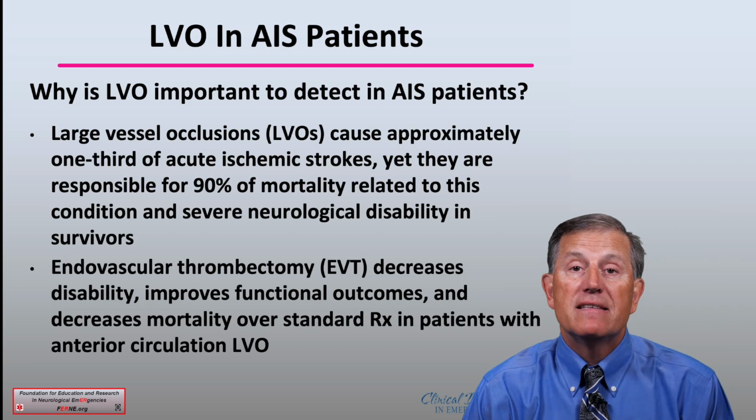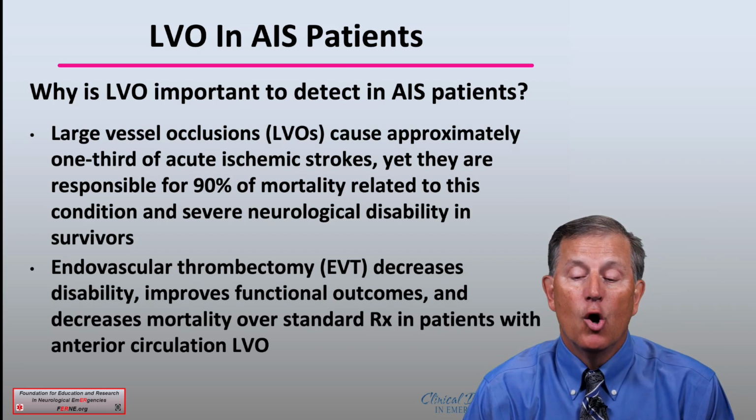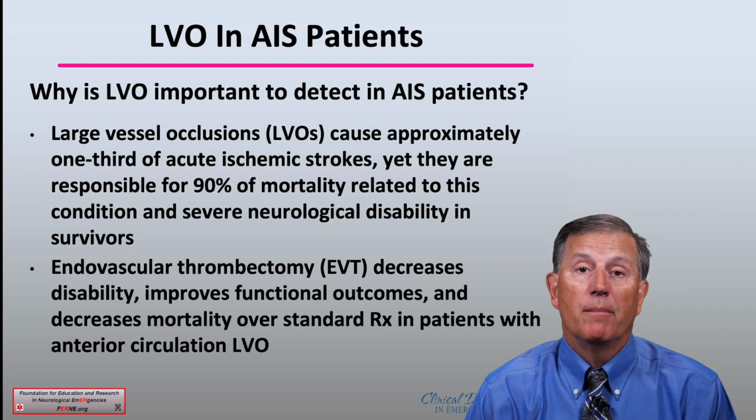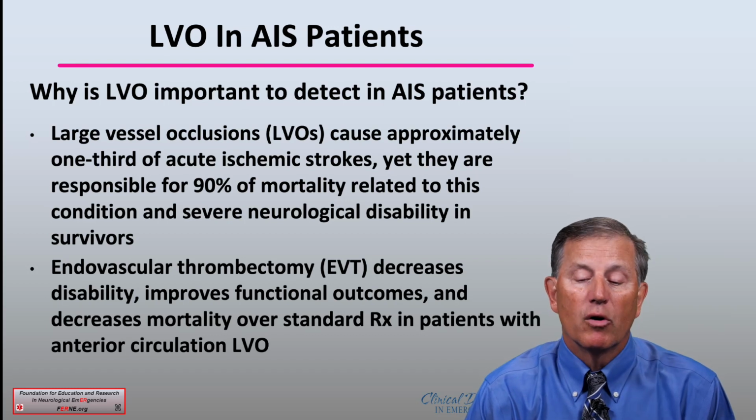Yet, these LVOs are responsible for 90% of the mortality related to this condition and the severe neurological disability in acute ischemic stroke survivors. In other words, the LVOs are the lesions that are most important for causing morbidity and mortality in patients who present to the emergency department with acute ischemic stroke.